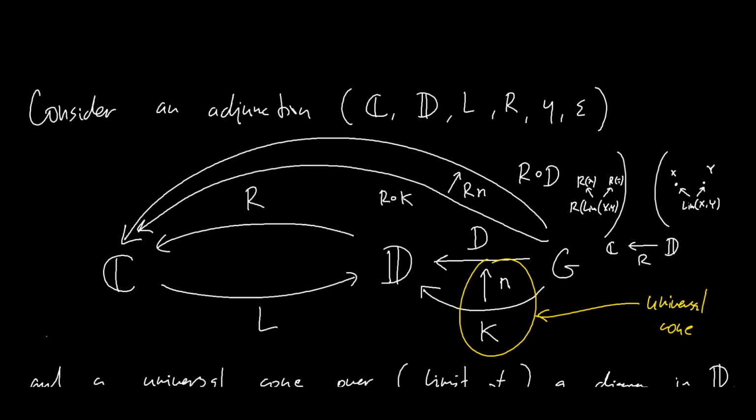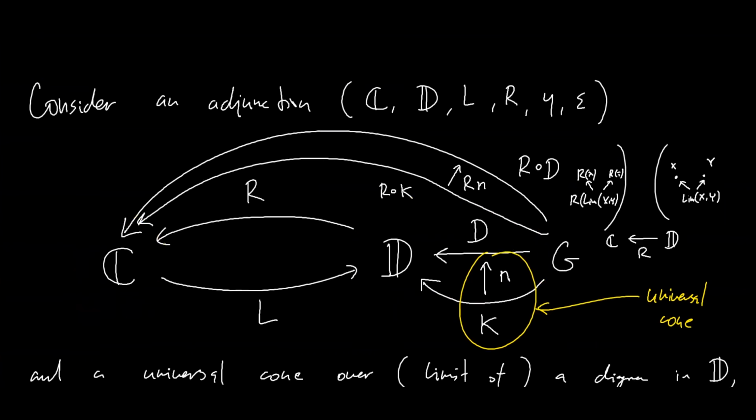Another situation is the opposite, where we don't know how to compute the limit here, but if we know that the limit does exist, then we could compute it there because it's easy to do it there, and then know at least that the limit that must exist here will map by the functor R to the limit that I know how to compute there.